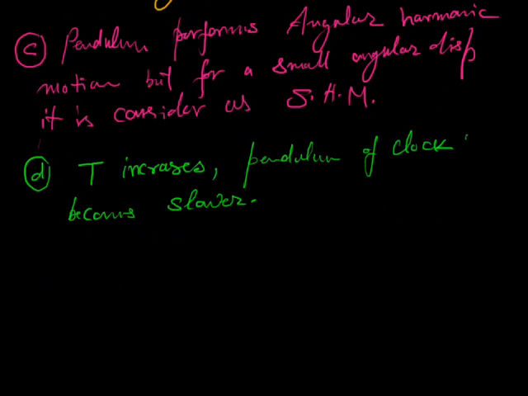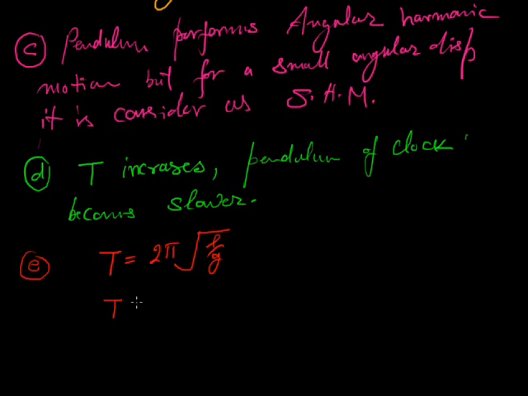Key point is, we know that T is equal to 2π root L by g. Here 2π is a constant quantity and g is also constant.